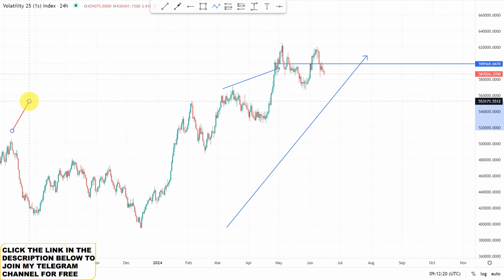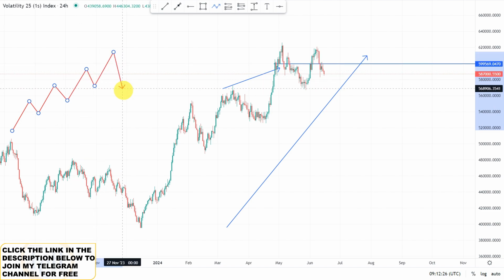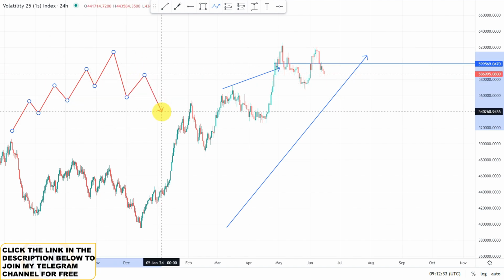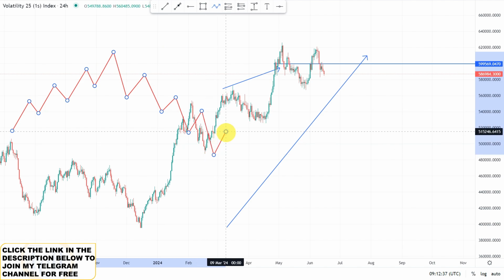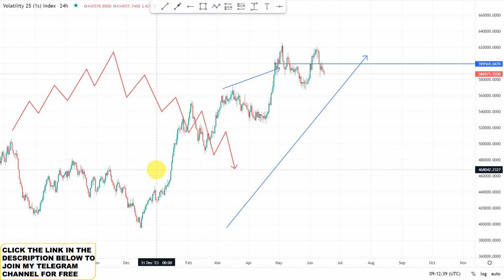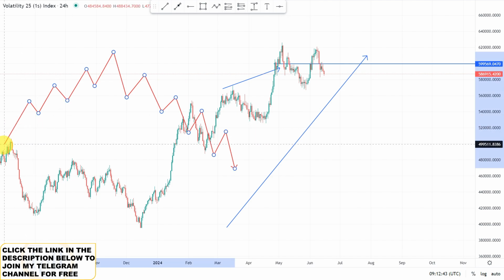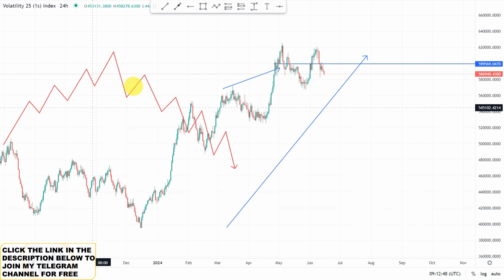For example, if the market was moving in a series of higher highs and higher lows, once the market breaks the previous higher low of an uptrend movement, it can be said that the market has provided us with a shift, because the market will start moving in a series of lower lows and lower highs. That's what we mean by a shift of the market structure, for those beginner traders who are having trouble with that terminology.